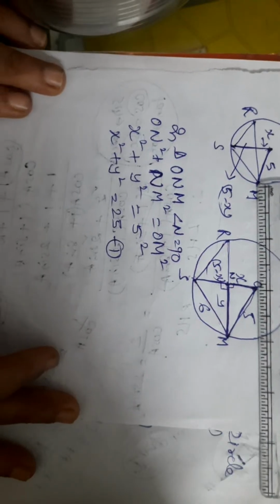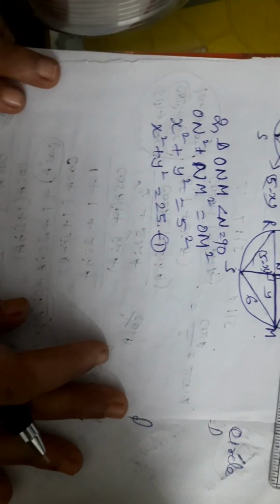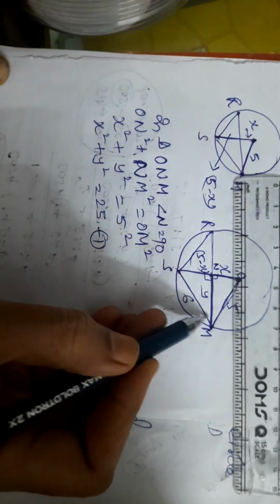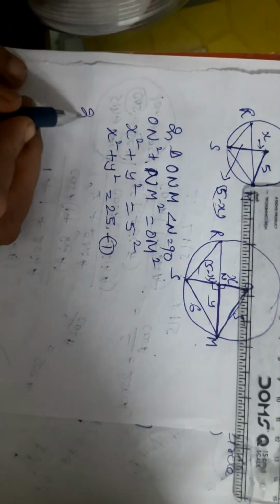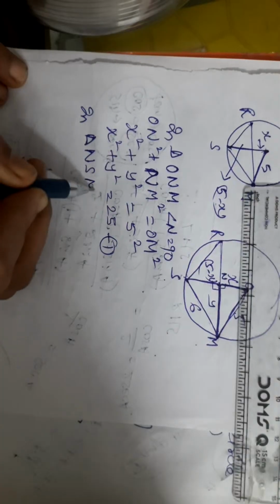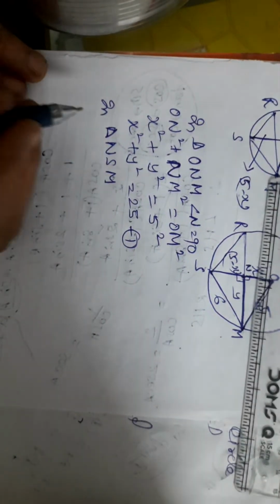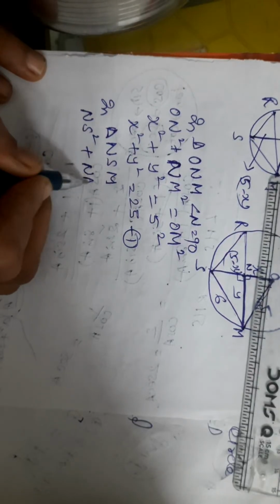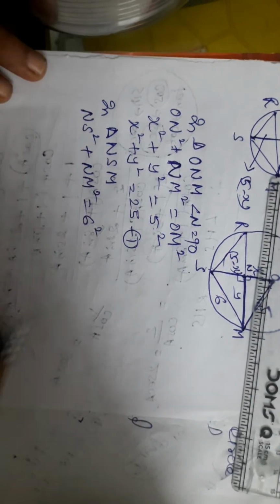Now let's start with the second equation. In the second equation, another triangle is to be taken, the down one. In triangle NSM, NS square plus NM square is equal to 6 square.